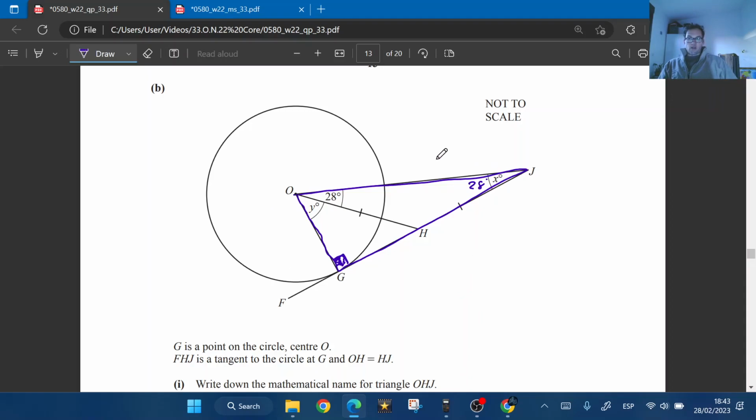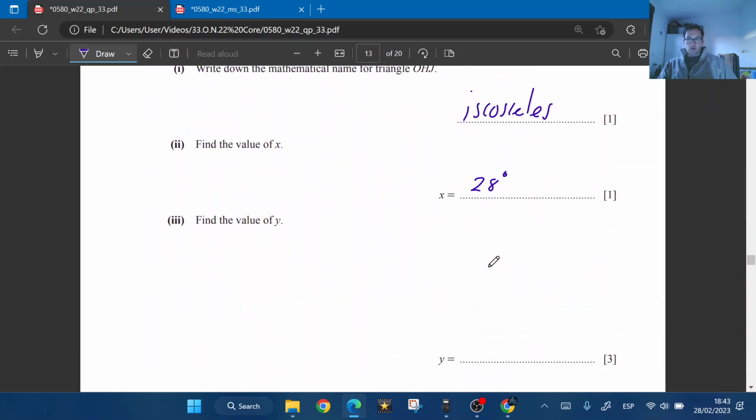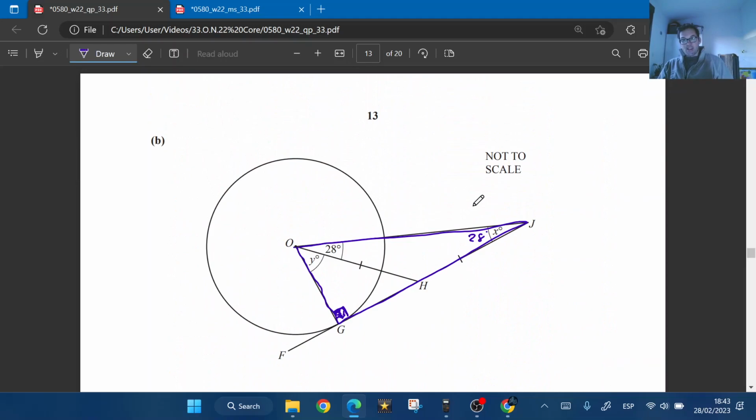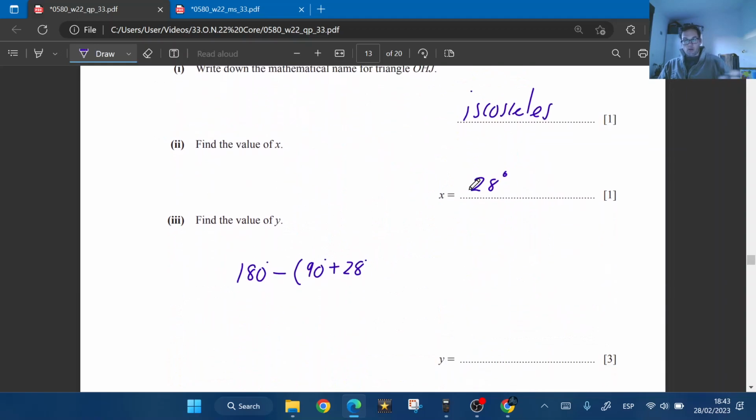Okay, and all the angles in a triangle always add up to 180 degrees. So if we subtract from that the 90 degrees, the 28 degrees that is x, and the other 28 degrees which is also there, we'll be left with only this angle, which is y. So we need to subtract 28 degrees twice.